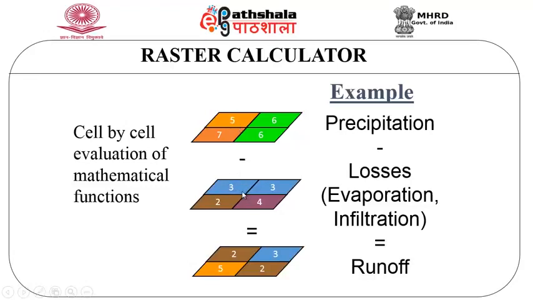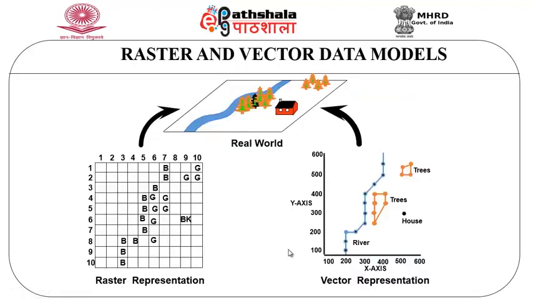If you subtract these two values, you get the runoff value, which is 2. Similarly, for all the cells in the grid, if you subtract the losses value from the precipitation value, you get the runoff value. This is called a raster calculator, which does a cell by cell evaluation of mathematical functions.